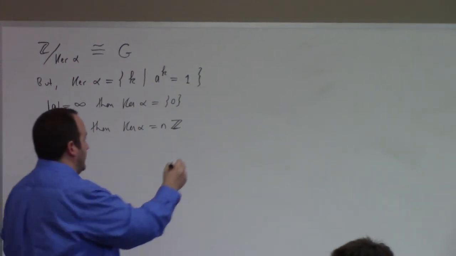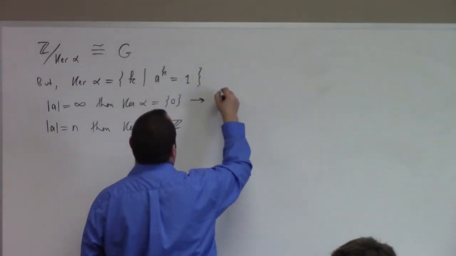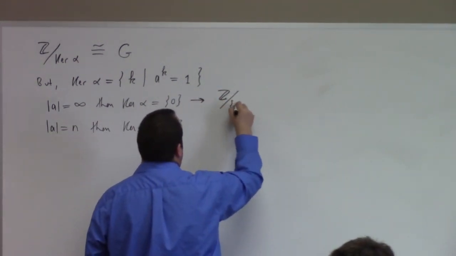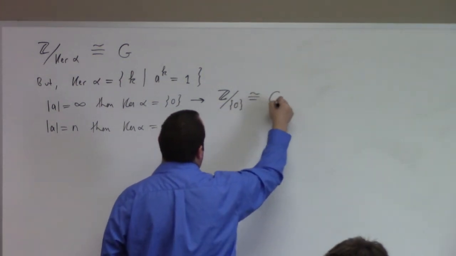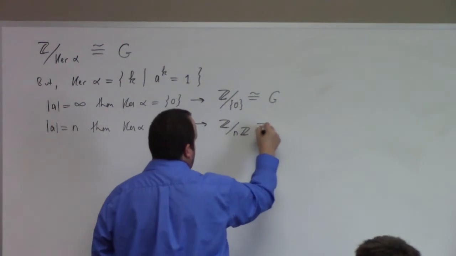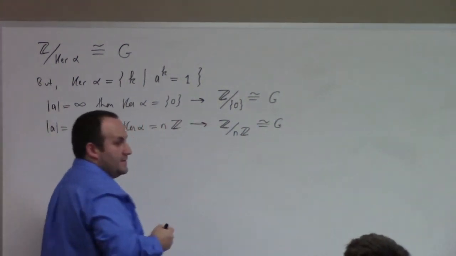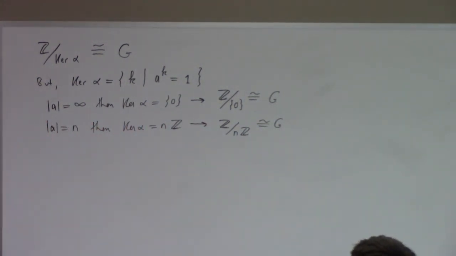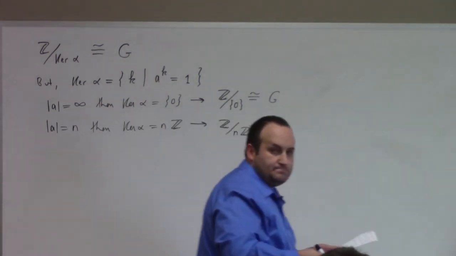So you either get that the integers mod 0 is isomorphic to G, or you get the integers mod nZ is isomorphic to G. The first case being Z itself, and the second case being Z_n up to isomorphism. Any questions?